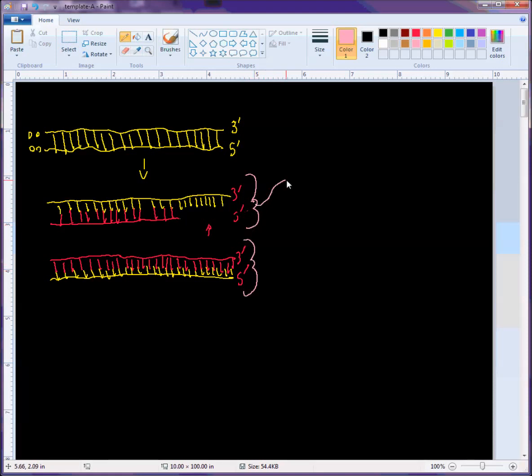This cell is going to divide through mitosis, and the DNA is going to be replicated first. So the DNA molecules are going to separate. Okay, so 3' end here, 5' end here. So this one up here I'm drawing at the top, and this smaller one I'm drawing down at the bottom.